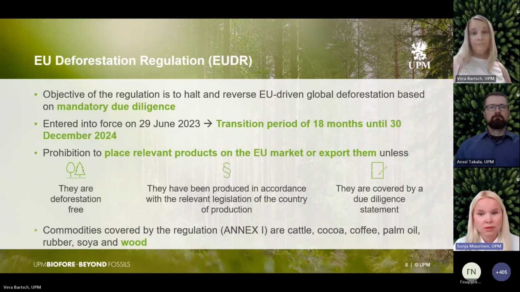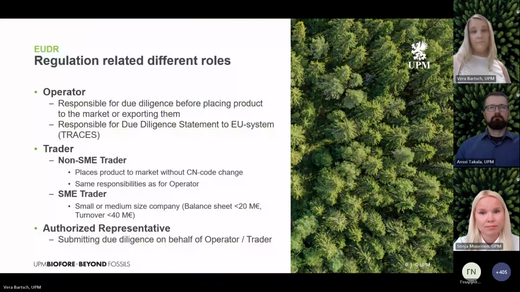Annex 1 of the regulation lists all the commodities covered by the regulation, and for us, wood is the relevant commodity. I would like to briefly show you the different roles companies can have under the EUDR. For us, the most relevant role is the operator.